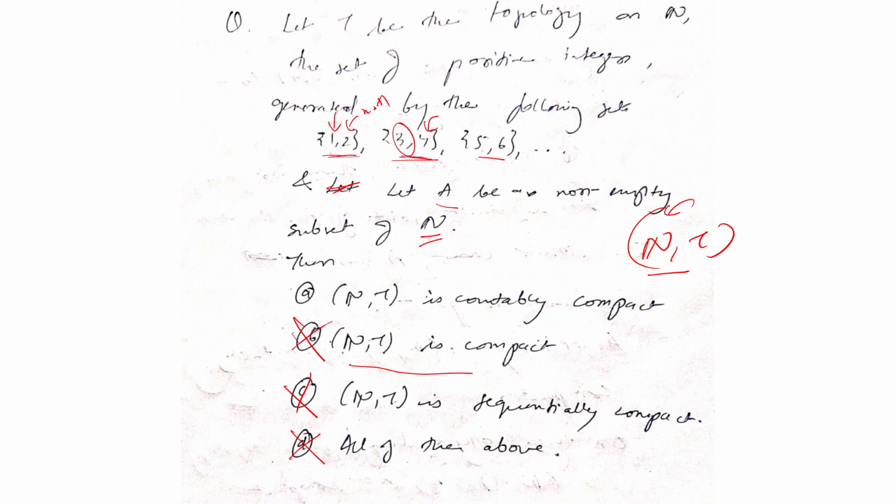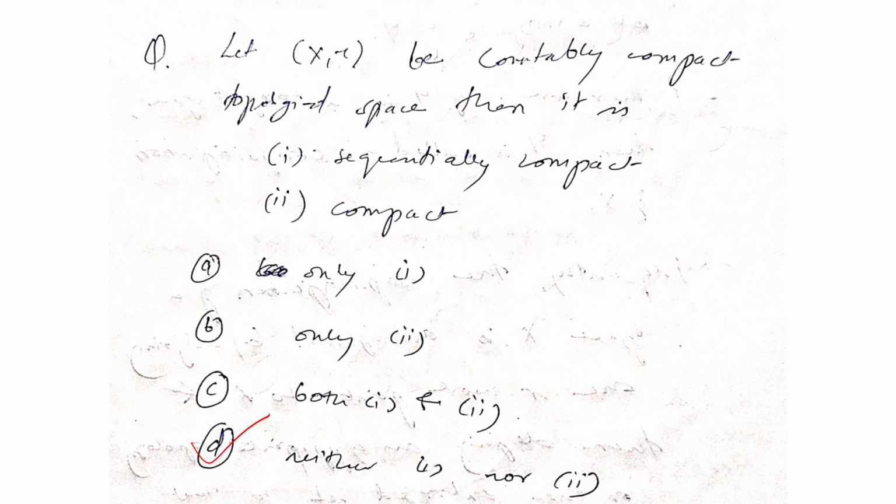So here the example was that let (X, tau) be a countably compact topological space, then it is sequentially compact or compact.